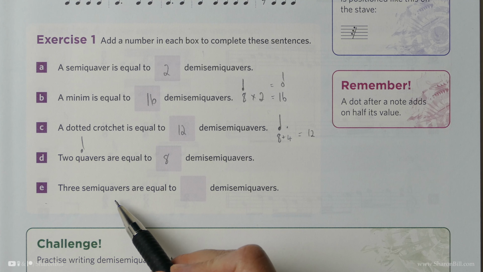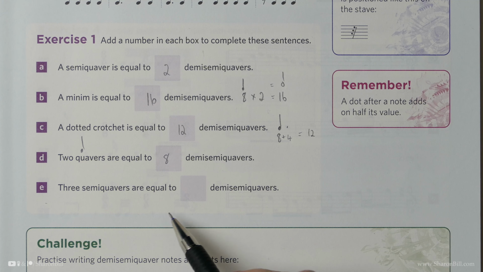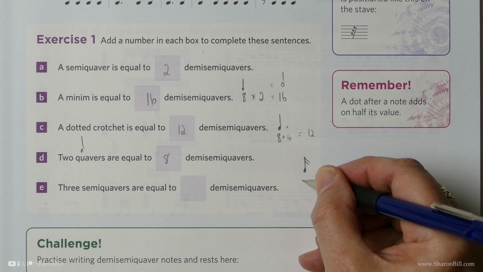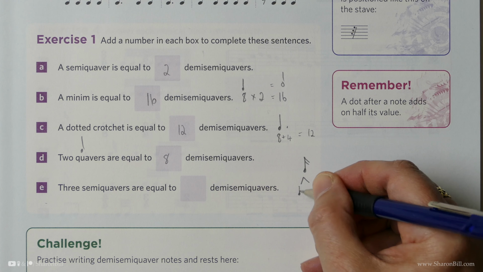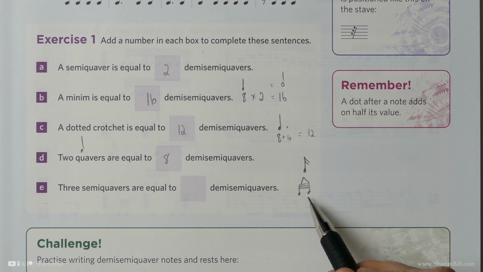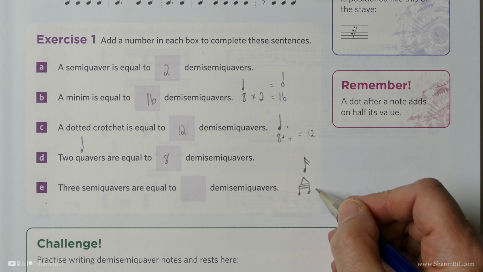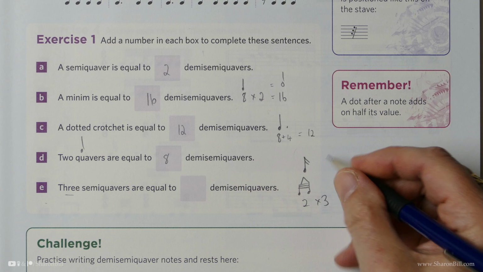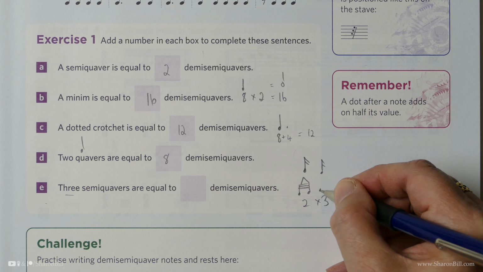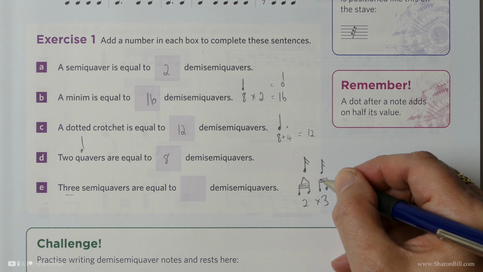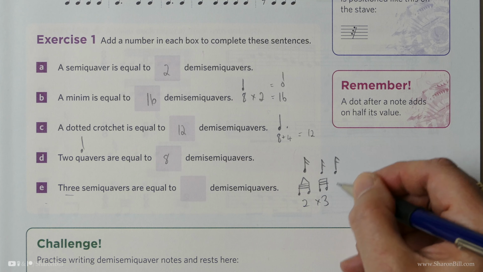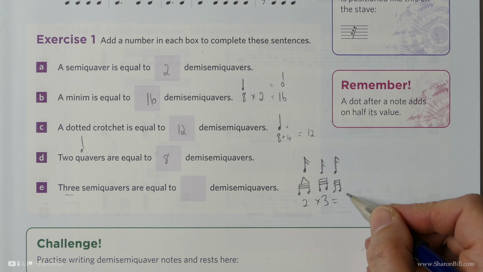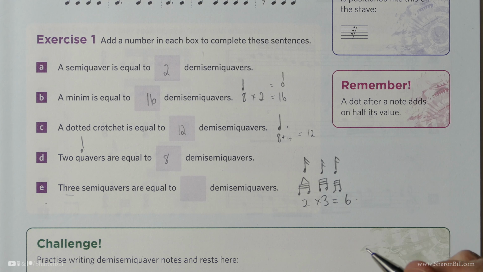Now 3 semiquavers are equal to how many demisemiquavers? So a semiquaver divides into 2 demisemiquavers, so that's 1 semiquaver. So times that by 3, so 2 times 3, because we've got to do the same again, equals 6, just so you can visualize what's going on there.